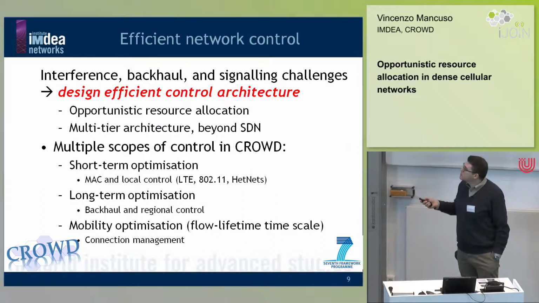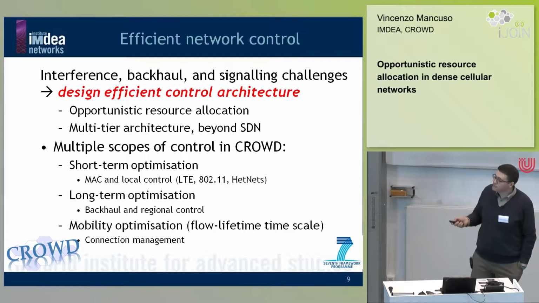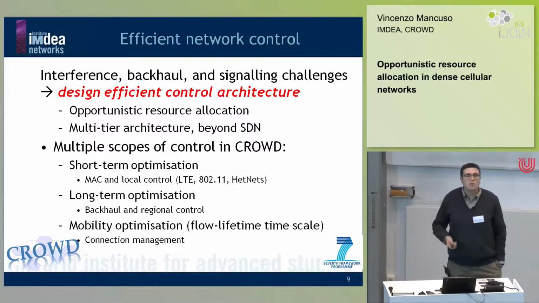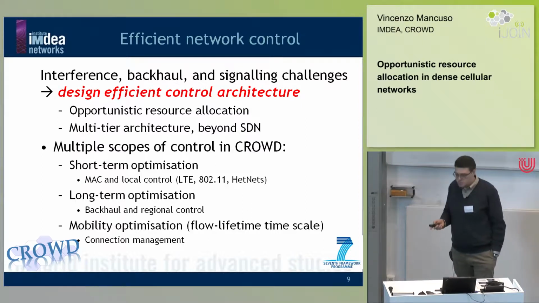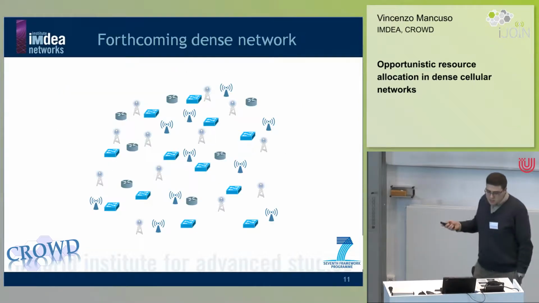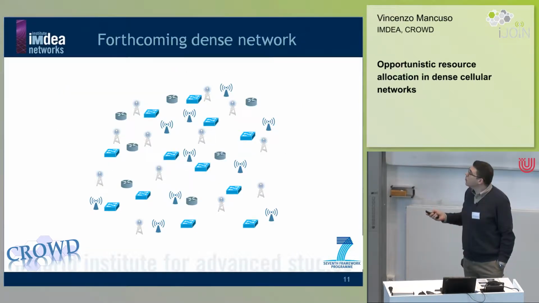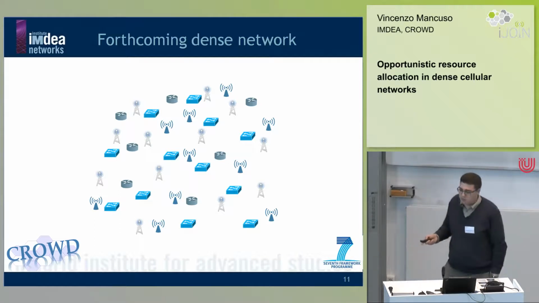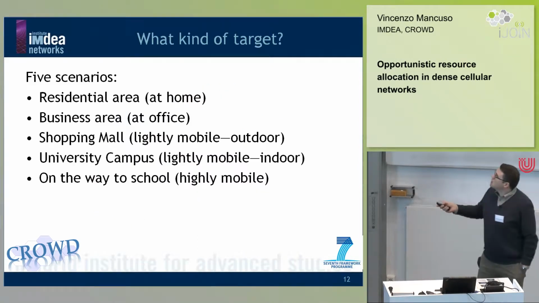But also the mobility optimization, which goes with a flow time scale, in which you need to handle flows, configuration of handover or switching of different flows over different gateways because of computational issues or similar issues. So since there are these different requirements, we basically go for a control architecture which has multiple tiers. This is just a quick introduction to the architecture.